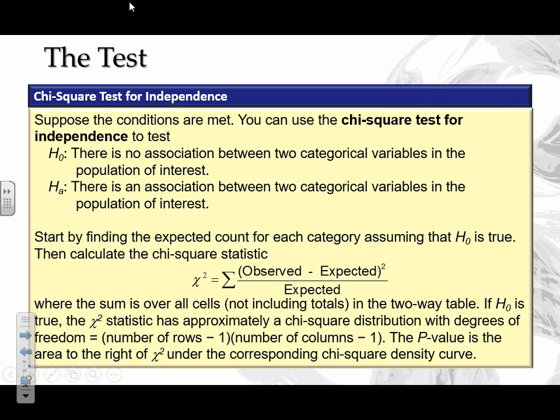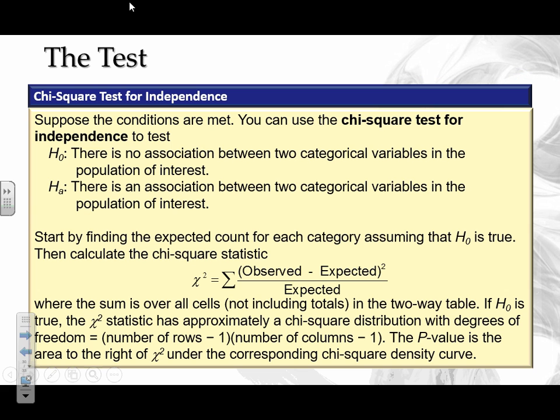In the test, and don't write all this down because we've already written most of it down. Plus, this tells you how to do it all with the formula. We're going to probably do it more with the calculator, but it's important to understand the formula portion. Again, you might be running a test for independence, but they might say, calculate this specific expected value. So on that last slide, knowing how to find the expected value is important.